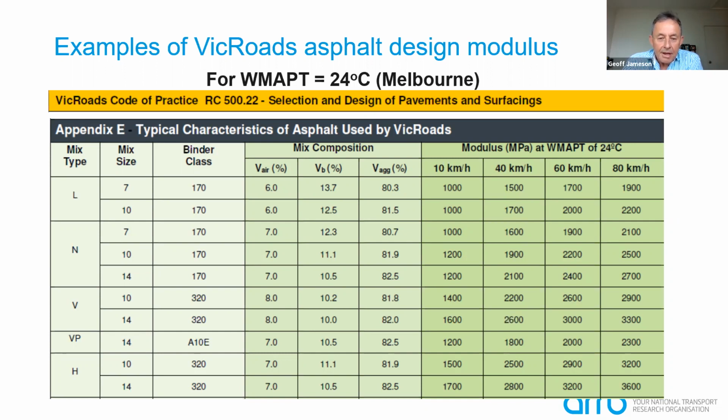Shown on this table also is the mix volumetrics, and that's important to know as well, because the volume of binder, that VB column there, is very important as far as the fatigue of the asphalt mix is concerned. So that just gives you some example of the variation of design moduli with different mix sizes that are commonly used in design.